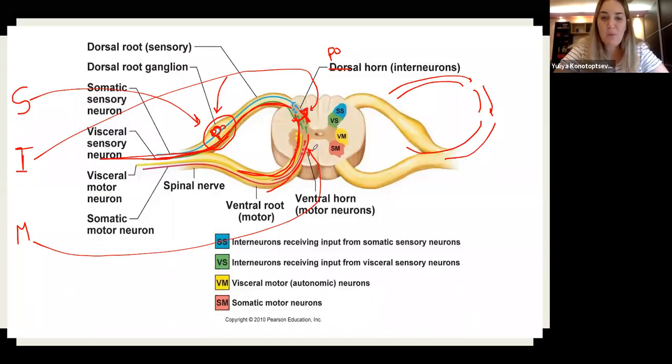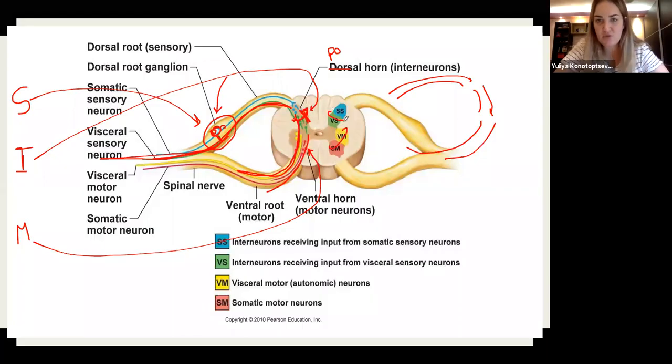So we're talking about the spinal cord, and lots of students make this mistake because another way to describe the anterior horn is to say that this is a motor horn. The anterior horn of the spinal cord is a motor horn because it contains motor neurons. So lots of students make a mistake assuming that the posterior is the sensory, but it isn't.